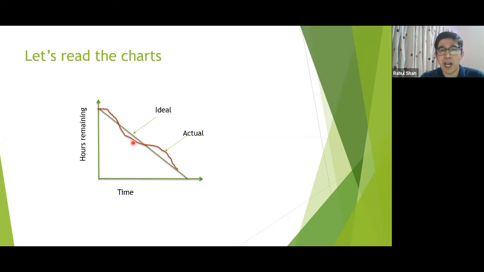If it goes below, that means the team estimated on a higher side. They were able to do it, but they thought they might not be able to, so they put it on a higher side. That's why it is going down. When it is above the ideal line, that means it's at risk. Probably more time is required. They will have to work hard to get to the ideal line and complete this.